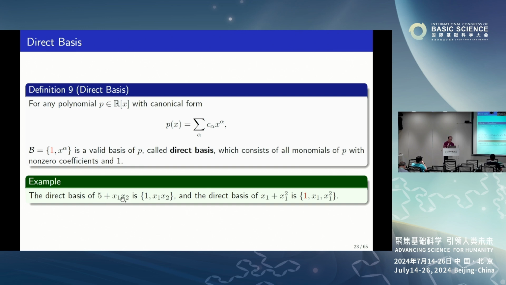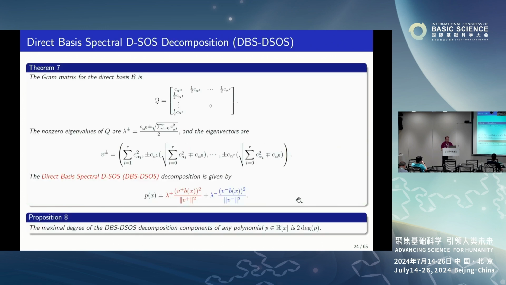Here is the constant part. If we have 1, x1, x2, this is just one monomial, and with the constant, 2 monomials. And here we have x1 squared, and with 1, because we have no constant part, right? And why is it a basis? Because you can just write the Gram matrix like this. Only the first row and fourth column are non-zero.